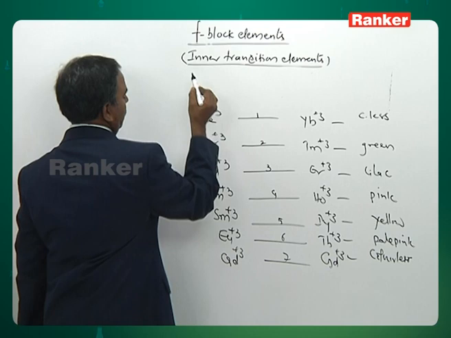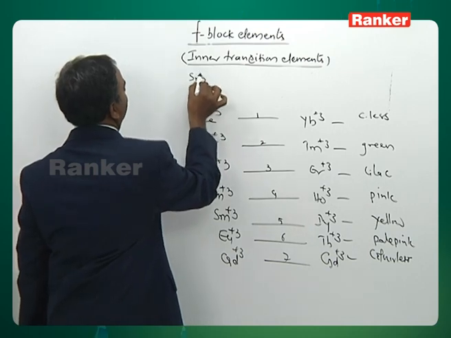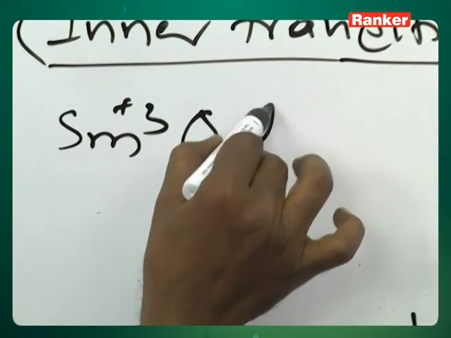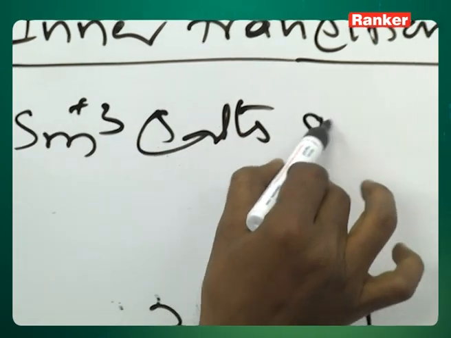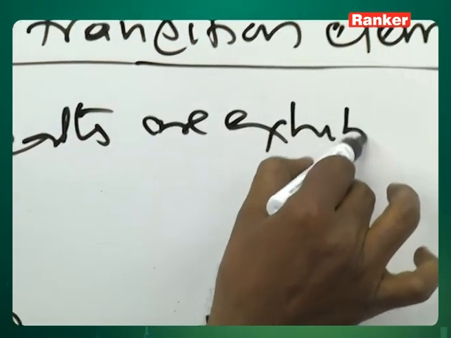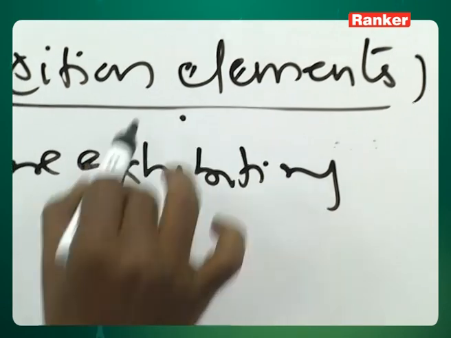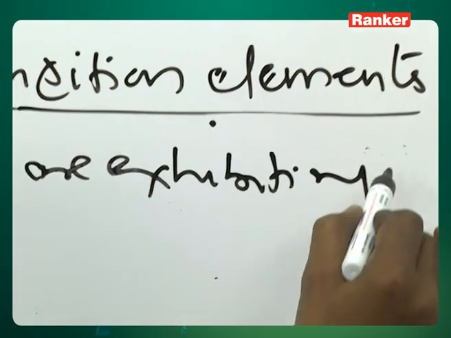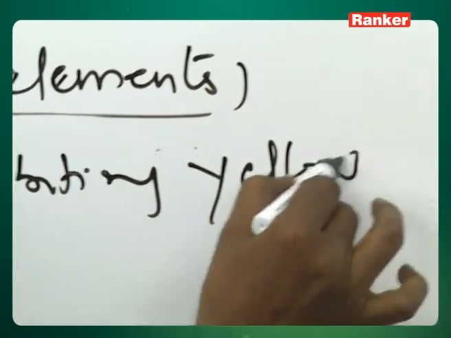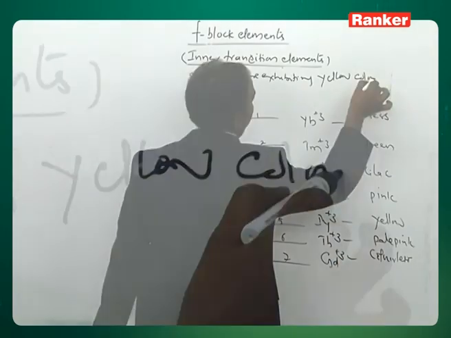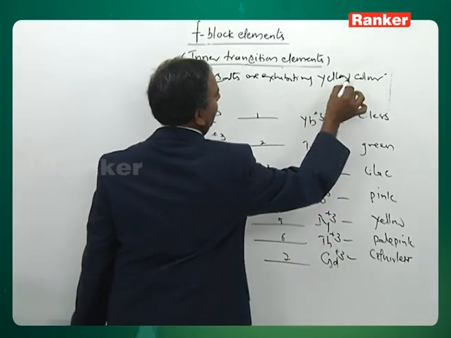See how the question appears. Samarium +3 salts are exhibiting yellow color.